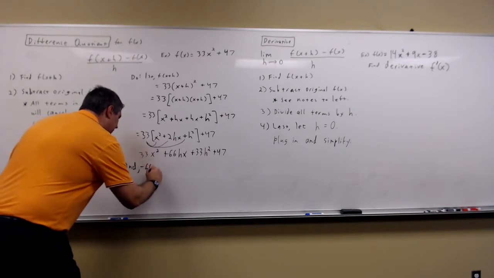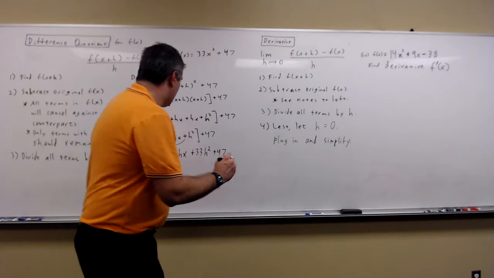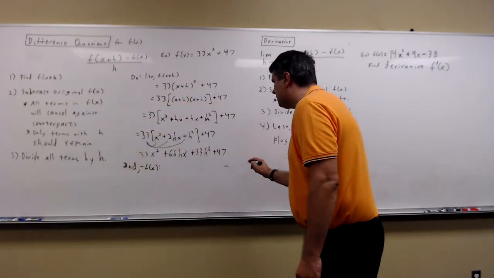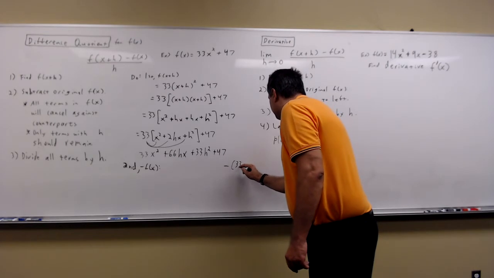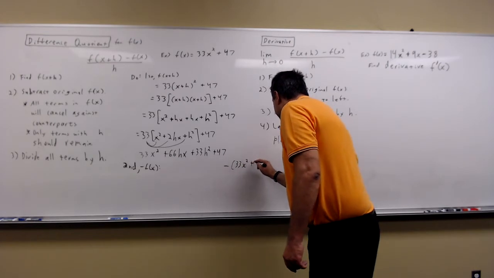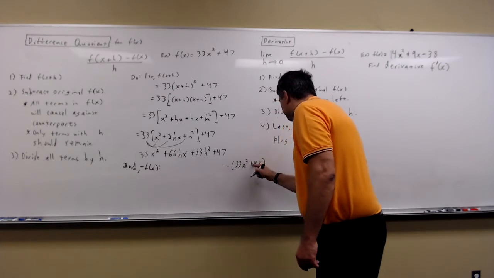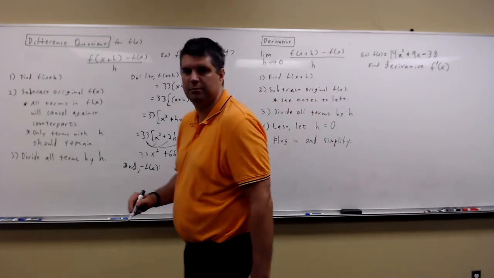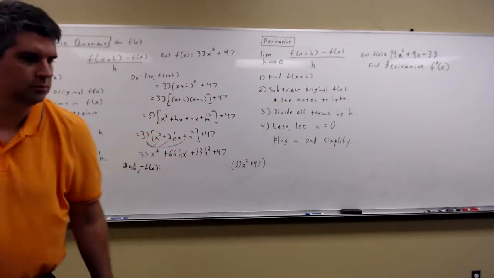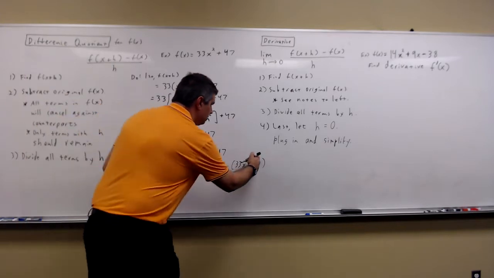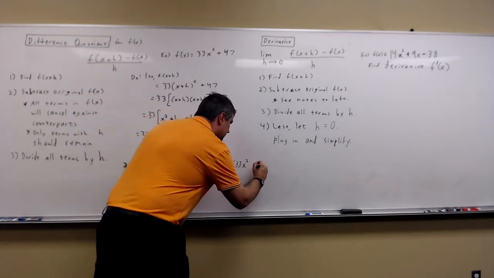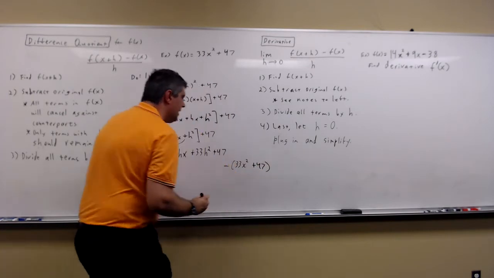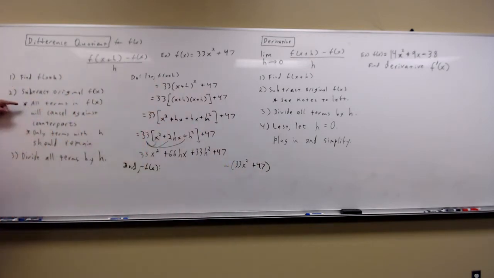Second, minus the original f of x. So I'll be subtracting the original 33x squared plus 47, like so. Now pay attention to this.